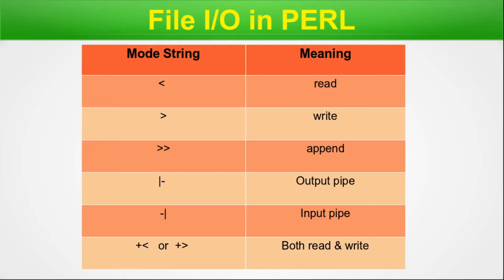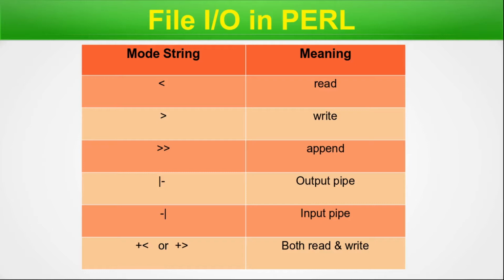So the left arrow means we are reading a file, right arrow means we are writing into a file, double right arrow means we are appending to a file, and pipe then dash means we are outputting to a pipe, and dash then pipe is inputting from a pipe. And the final one is plus then left arrow or plus then right arrow, which means we are both reading and writing a file. So this is the exhaustive list of file operation modes.